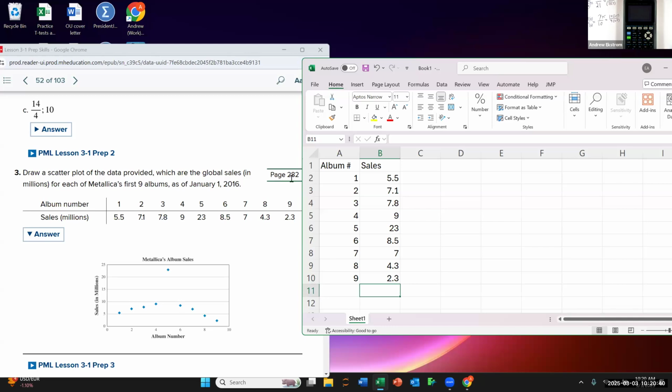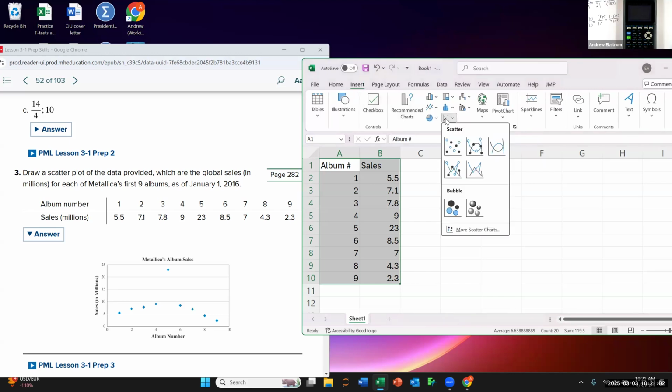So there we have all of that. Now, if I want to make the scatter plot, I will highlight both of these. I also want to make sure that whatever I want my x variable to be is on the left side. My y variable should be on the right side. I can go to insert.